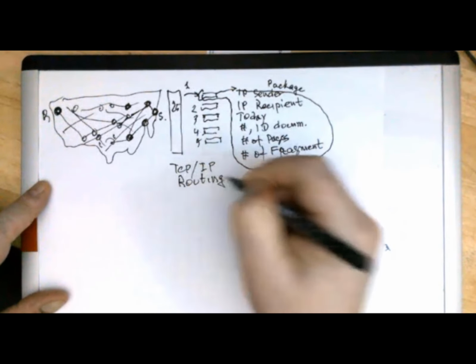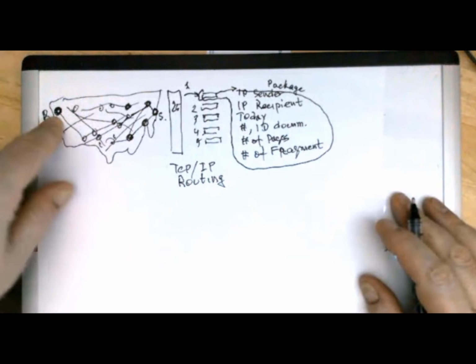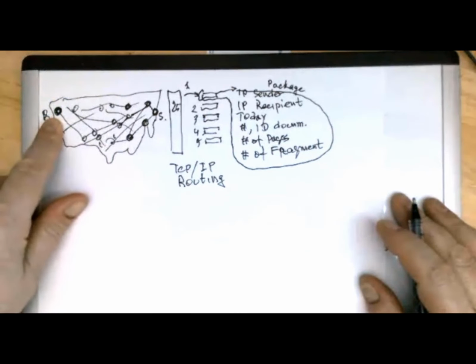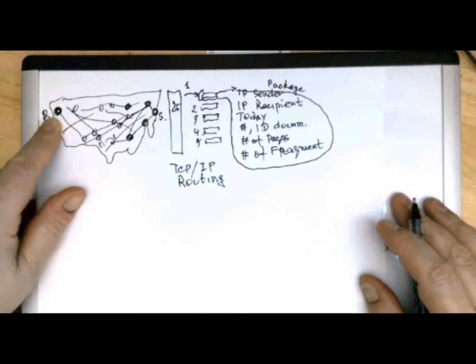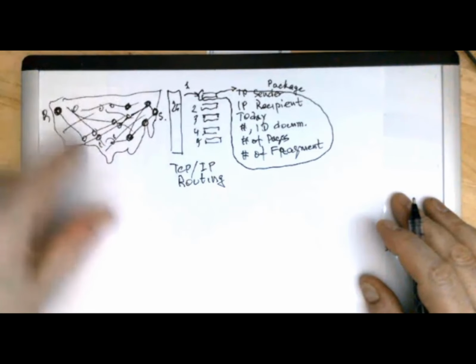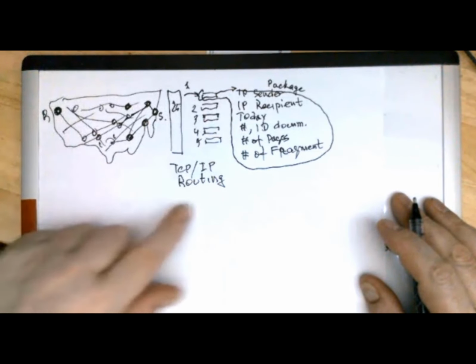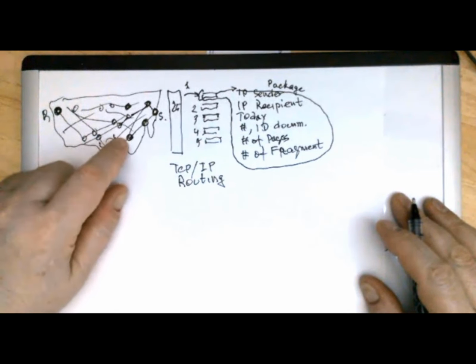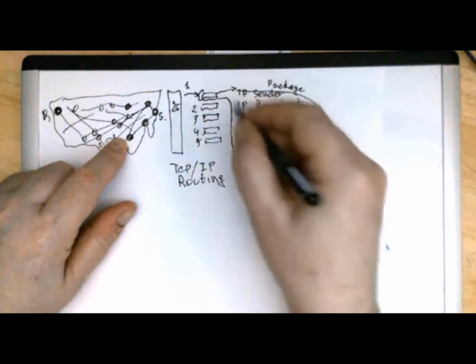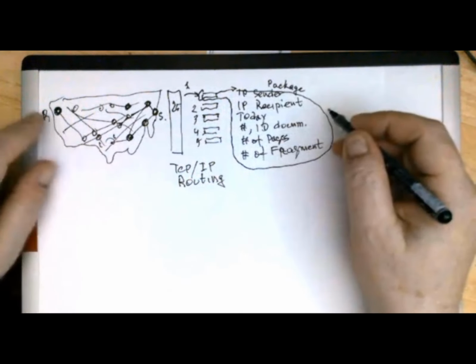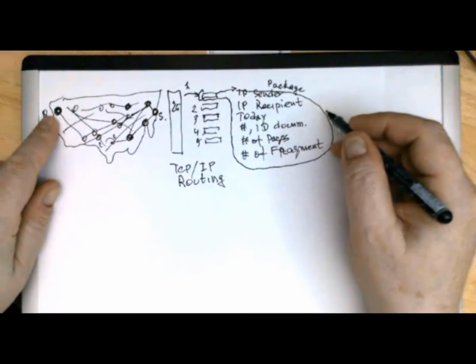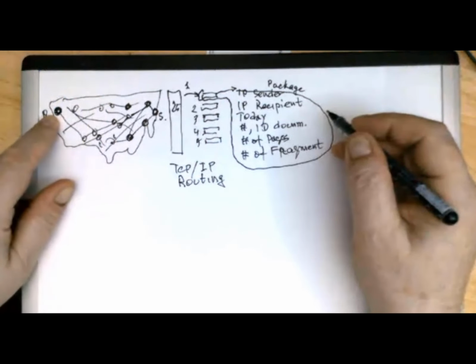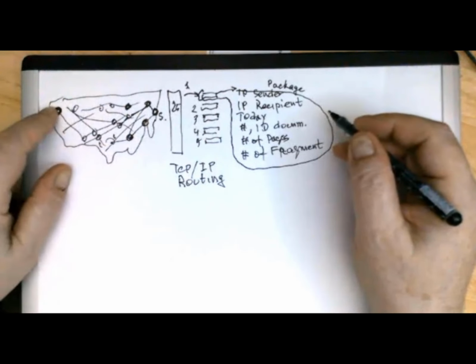Routing is like a zip code of the computer, where it is located. So all of these computers have routing information inside their memory. And they know that if the IP address for the recipient is a certain one, it must be in this direction.